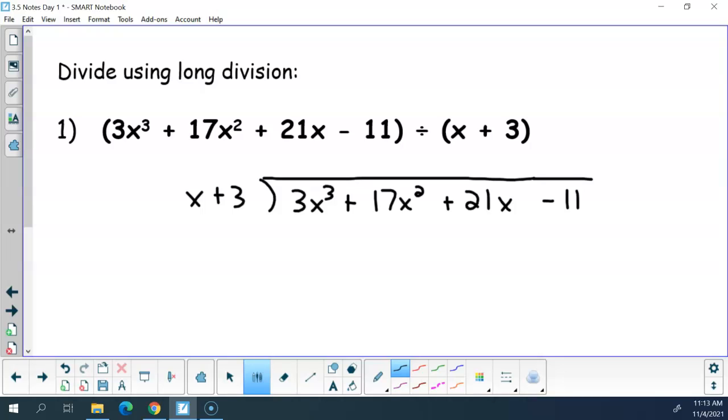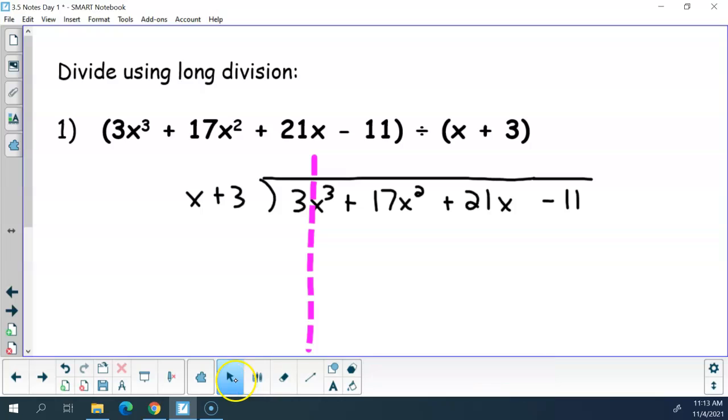Now, on my paper, I've got those spaced out. In my brain, don't write this down, the only thing that can go in that column is x cubed terms.